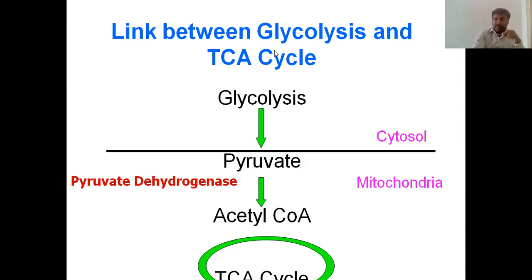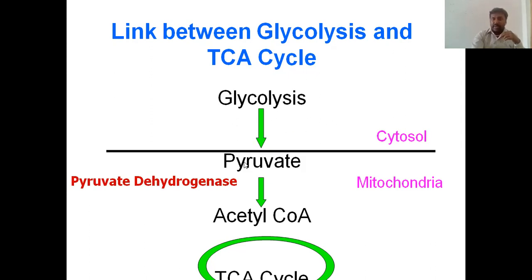The link between glycolysis and the tricarboxylic acid cycle is the conversion of pyruvate into acetyl coenzyme A in the presence of pyruvate dehydrogenase. As I said already, glycolysis happens in the cytosol.